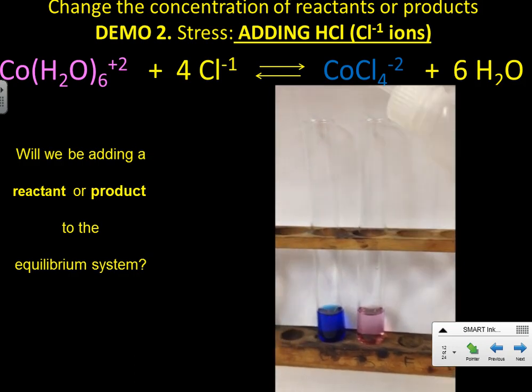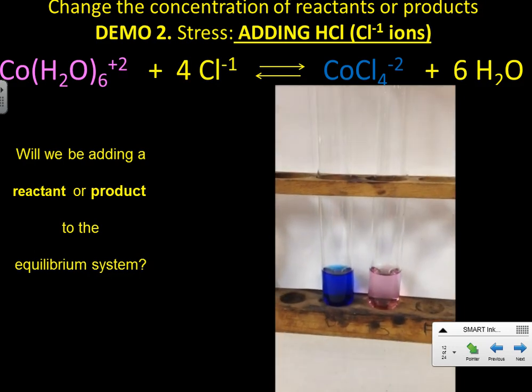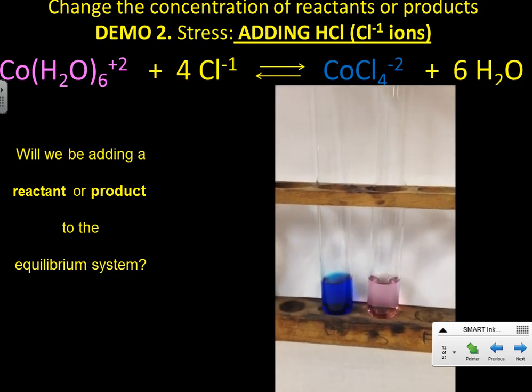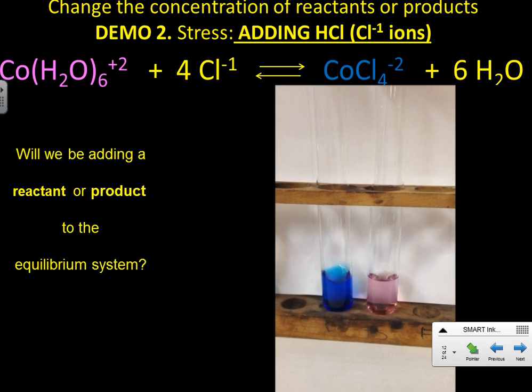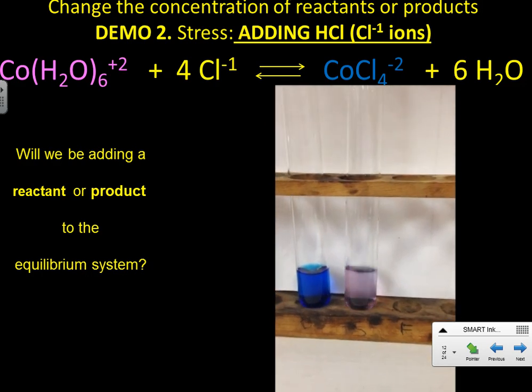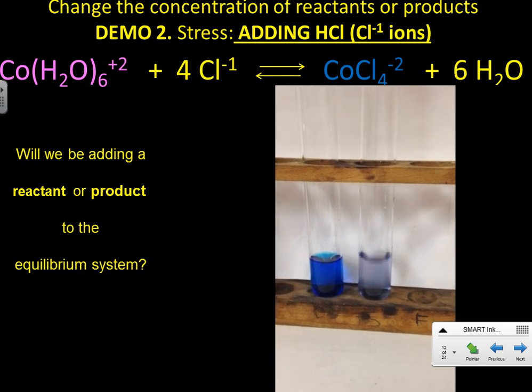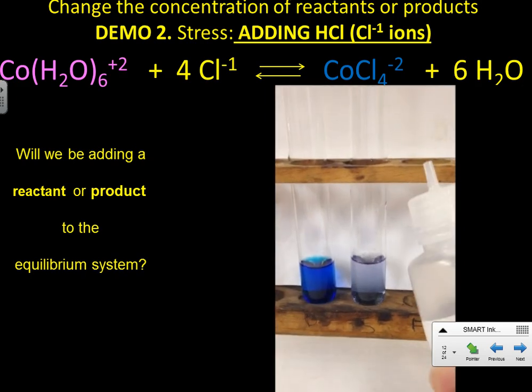So we're adding HCl. As we add chloride ions, the blue solution appears to stay blue, but as we add the chloride ions to the pink solution, it turns bluer.